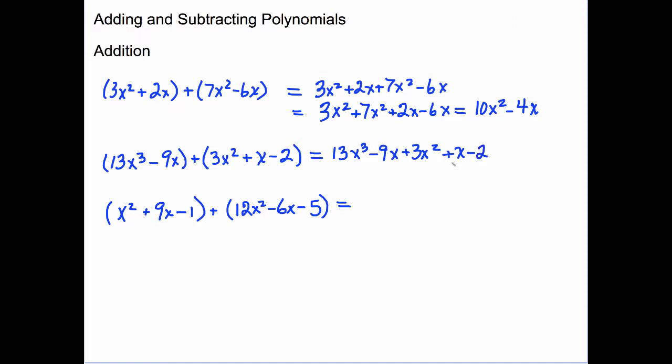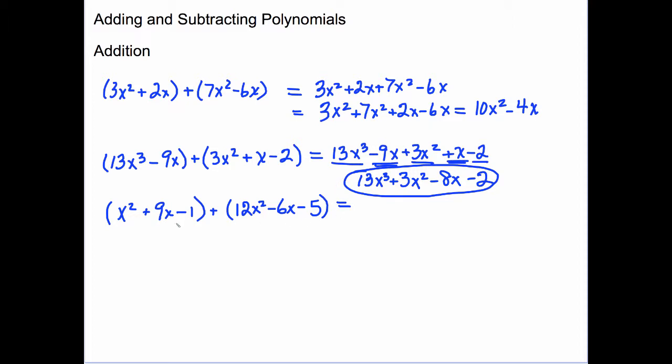Now we could rewrite this again, but we can also just look for like terms. 13x cubed has no other like terms, so we just write that, 13x cubed. And we'll go in order, the x squared. So there's one x squared term, 3x squared. So we'll add 3x squared. Next, there are two x terms, negative 9x plus x, that's minus 8x, and then minus 2. So this then is how to simplify that.